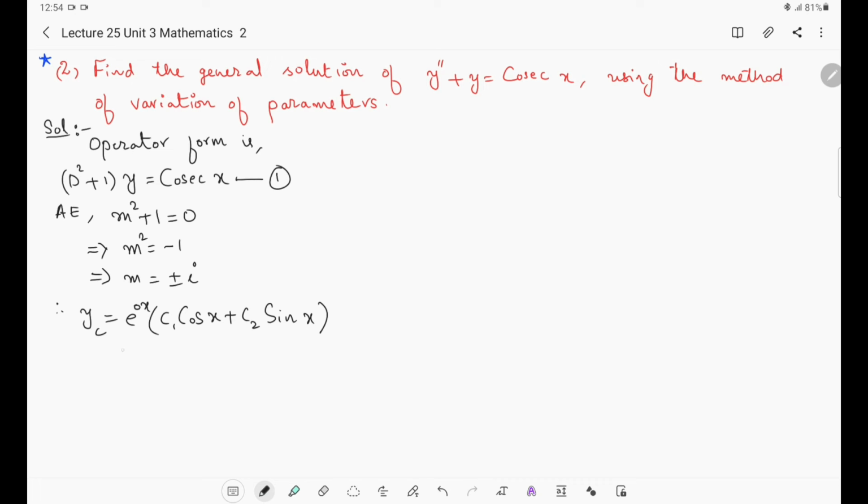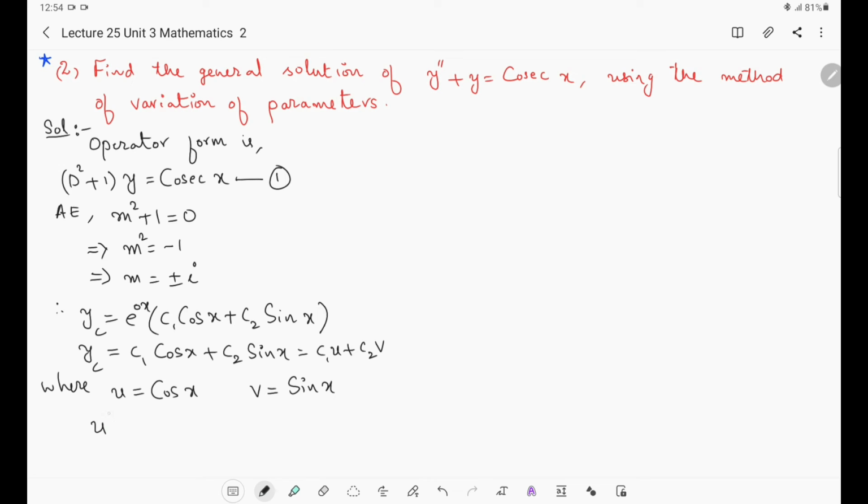Therefore what will be the complementary function? Complementary function is c1 cos x plus c2 sin x, which can be considered as c1u plus c2v, where u is cos x and v is sin x.